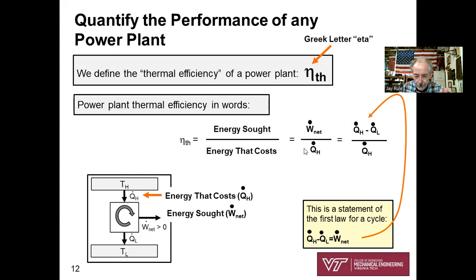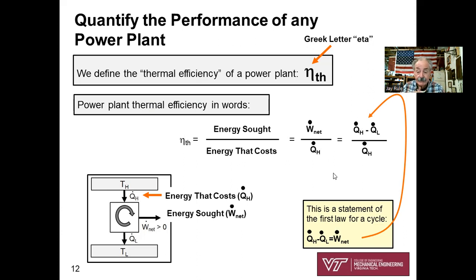I can remember a formula, quickly derive it, and then apply the first law. W dot net equals Q dot H minus Q dot L from the previous slide. Each of our minds works uniquely and differently, so whatever works for you, I want that to work for you.